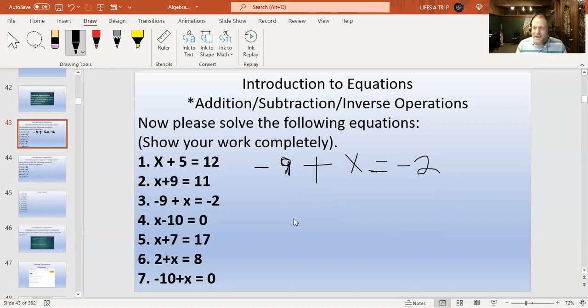You cannot add minus 9 plus x because they are unlike terms. That is one of the reasons we need to get x by itself, to find out what the answer is. If this had an x on it, then we could add them.